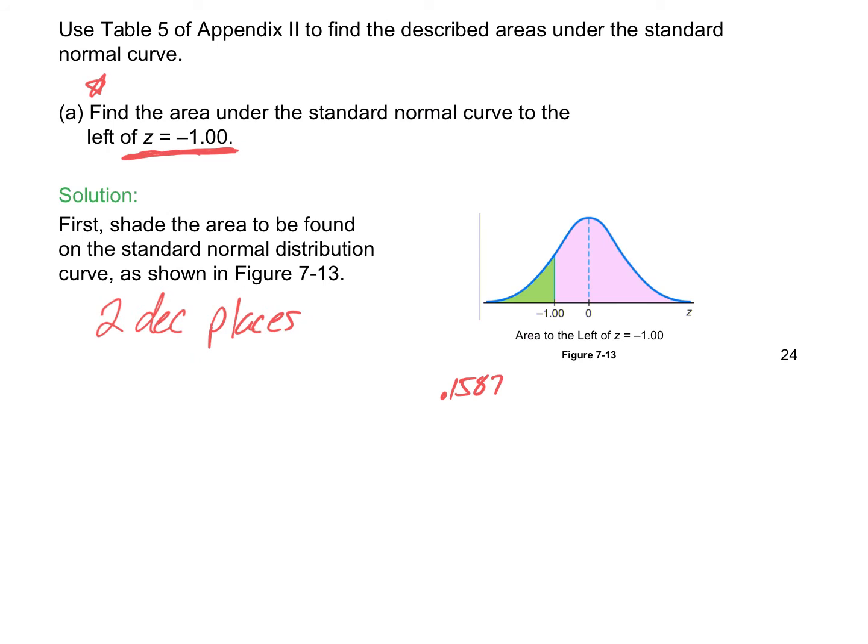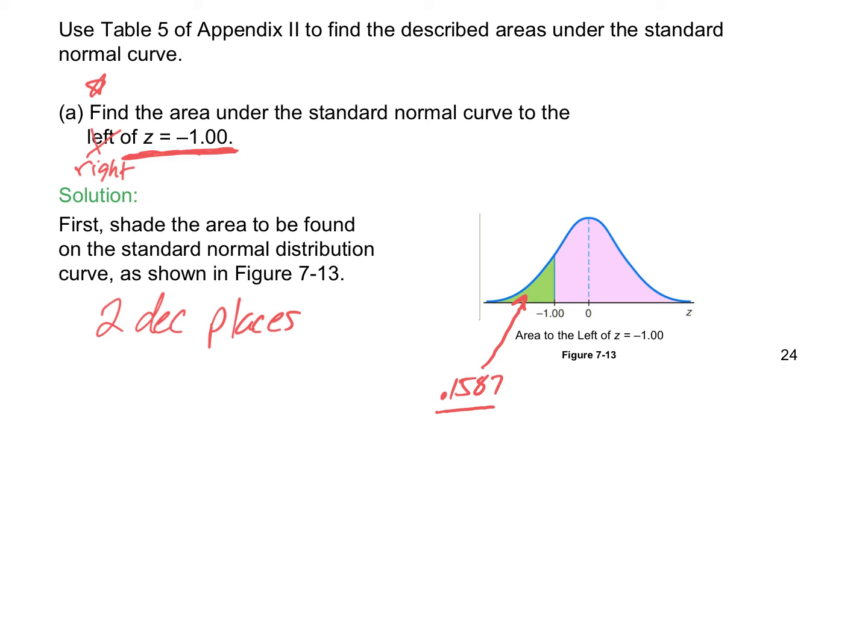So as I was saying, if the area to the left, this green, is 0.1587, and I changed one thing in this problem, changing the word left to right, I want the area to the right of the z-score of negative 1.00, meaning I want this purple area.